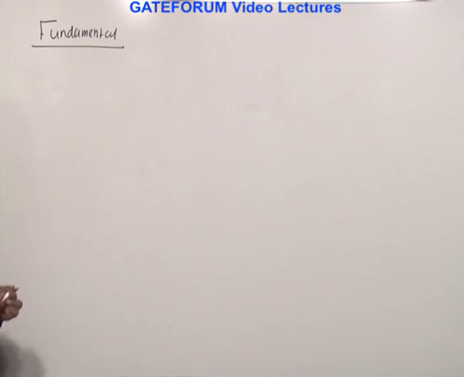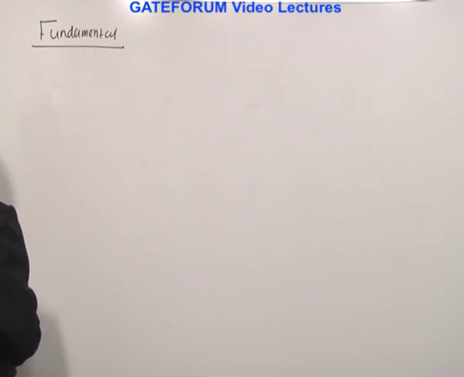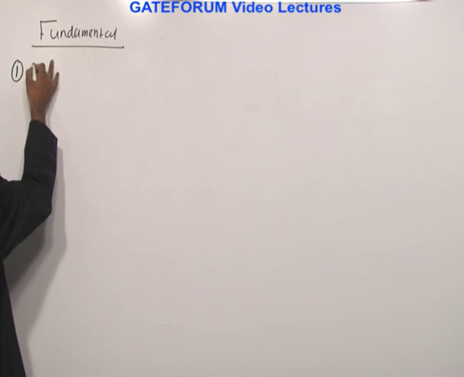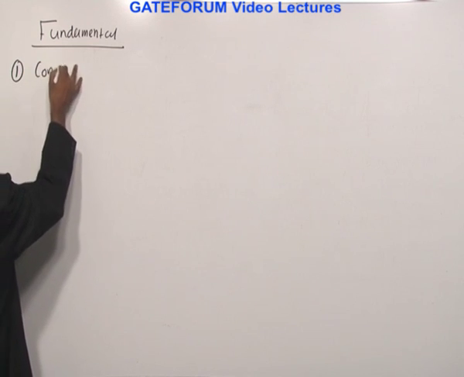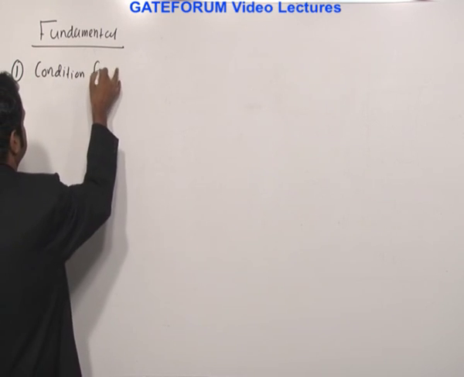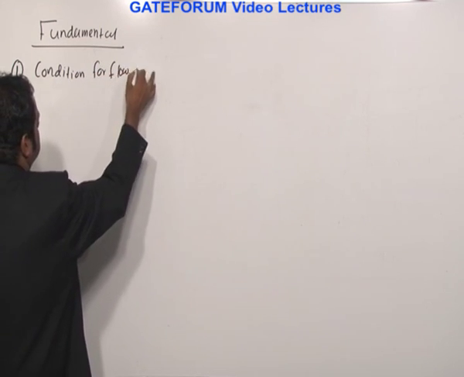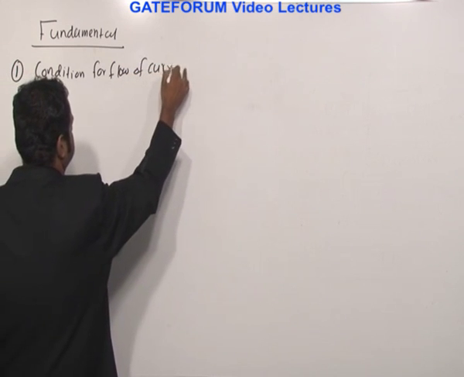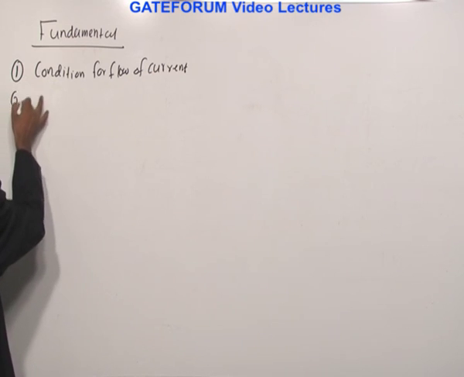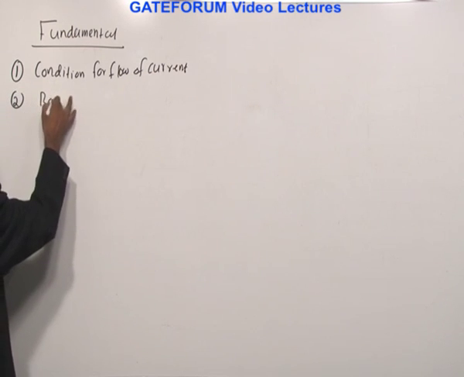As I am highlighting this much, let me show you the sequence and the subtopics of this particular chapter, fundamentals. I am giving a map of this, like a book. First thing is condition for flow of current. Just take down the sequence. Second thing is basic electric quantities.